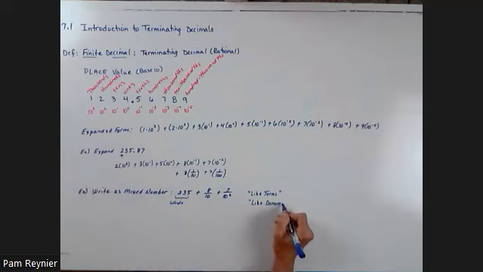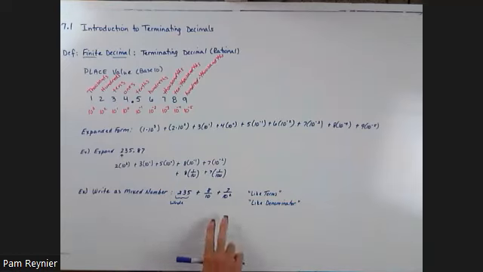And the good news is these are all powers of 10, I have 10 to the first and I have 10 to the second. So a common denominator has to have 10 to the second go into it. So I have my 235. I have my 8 over 10. I have my 7 over 10 squared.